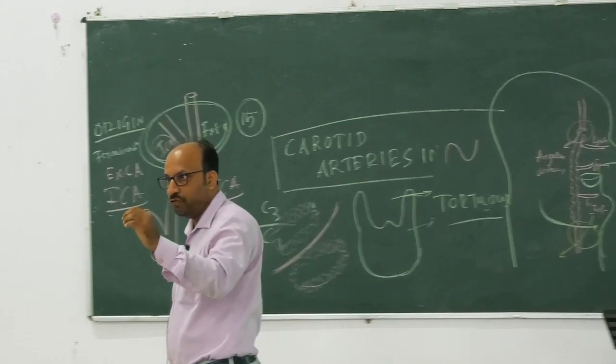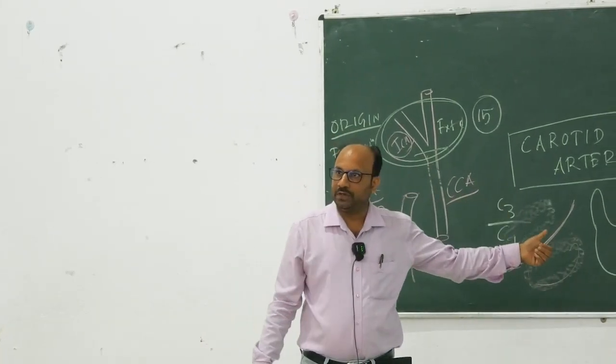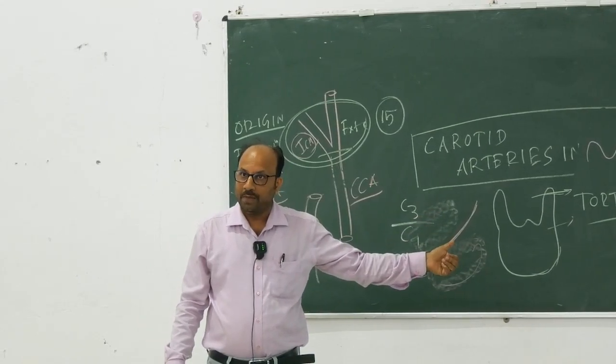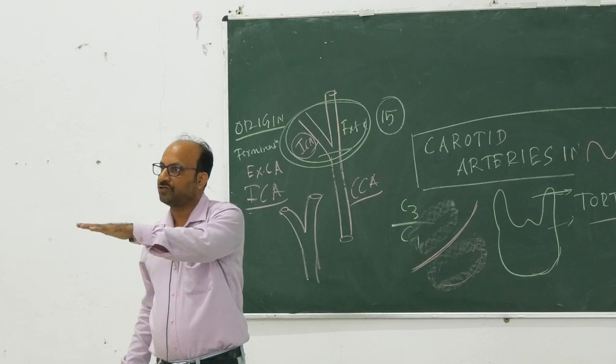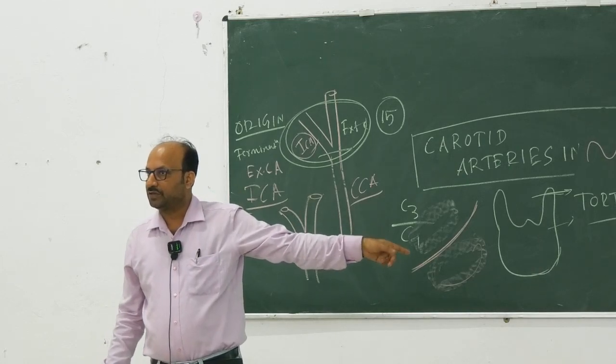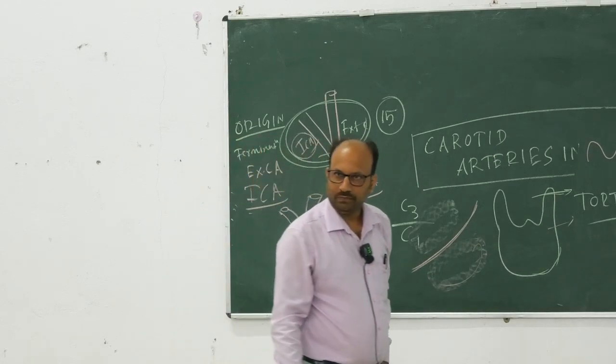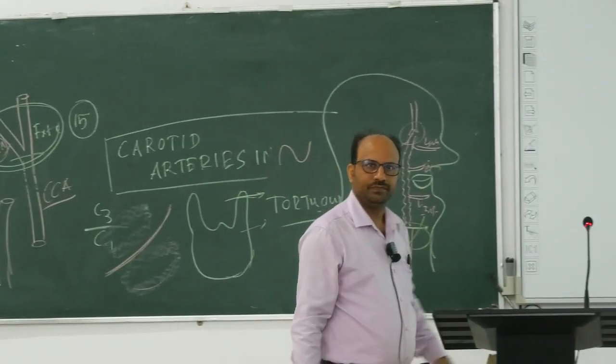You have to be careful about this nerve. It is known as marginal mandibular nerve of the facial nerve because it crosses the facial artery superficially, just close to the lower border of the mandible, the facial artery.